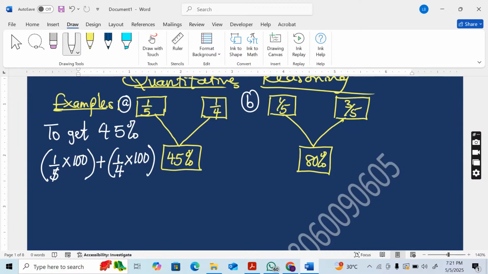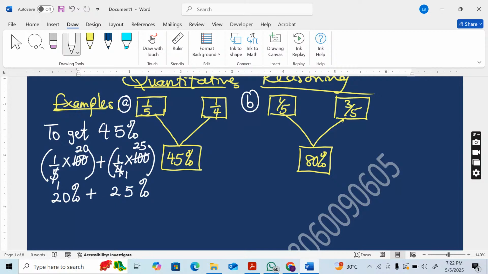So 5 goes into 5, that is 1. 5 divides 100, that is 20. In the second bracket, 4 divides 4, that's 1. 4 divides 100, that is 25. So in the first bracket, 1 times 20 gives 20, plus 1 times 25 gives 25. So this is 20% and this is 25% because each fraction was changed to a percentage.